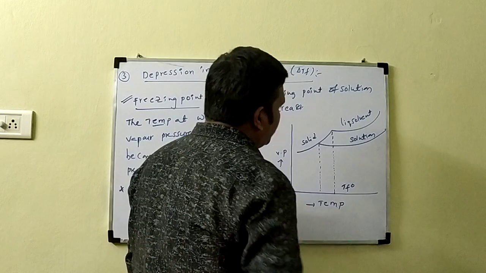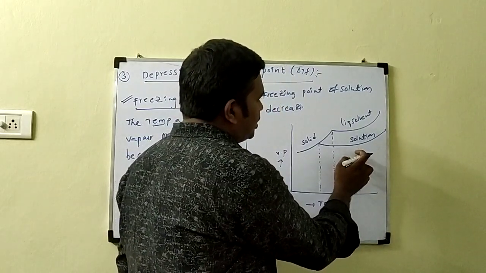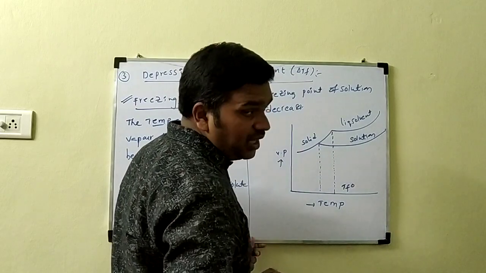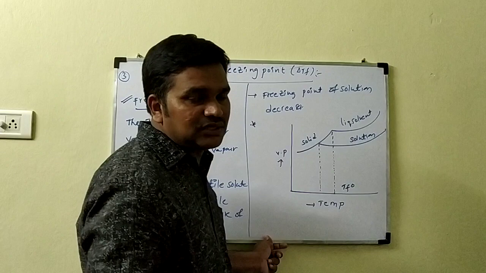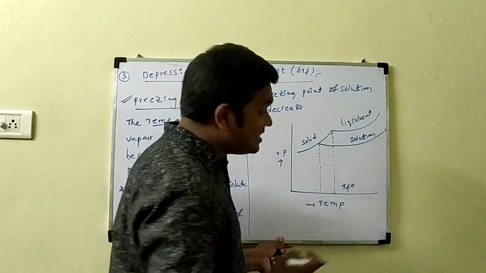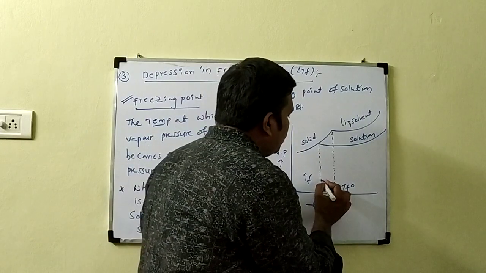At this point, the vapor pressure of the solution equals the vapor pressure of the solid substance. So this is also a freezing point, the freezing point of the solution.